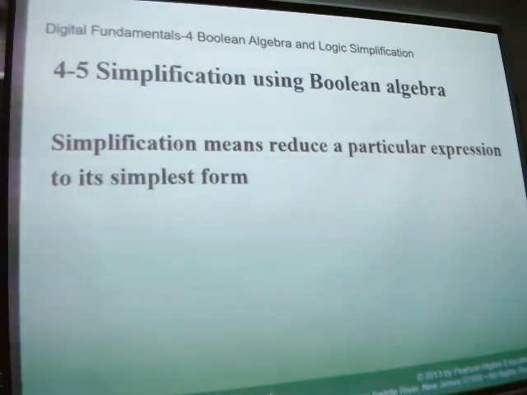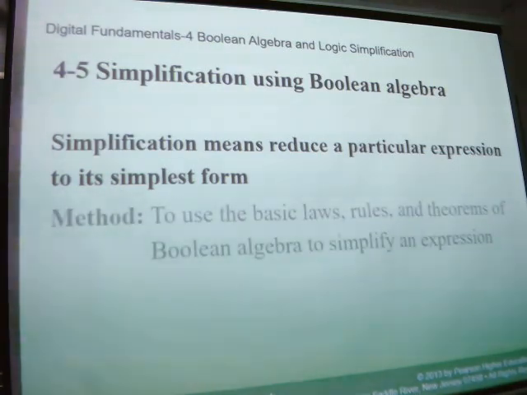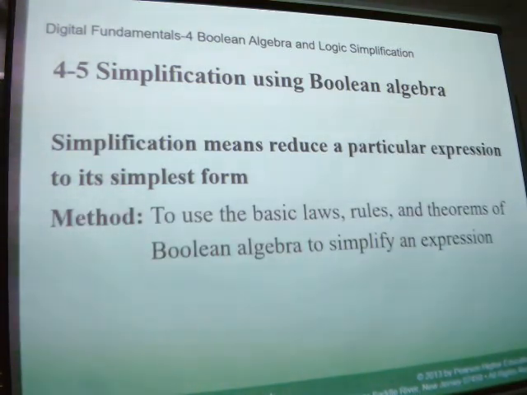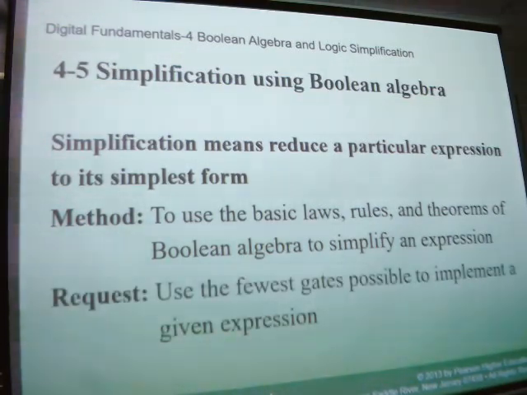Simplification means reducing a particular expression to its simplest form. What is the simplest form? Use the fewest gates possible to implement a given expression.